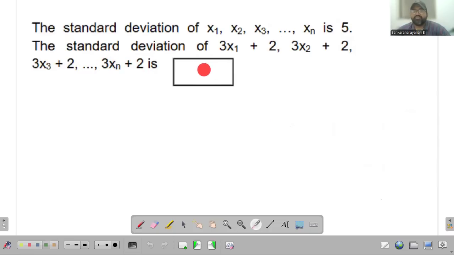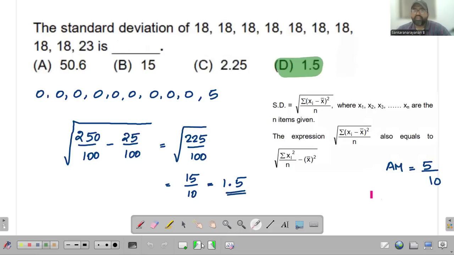How much is that? If you observe carefully in this question, if you add or subtract a constant number from the given set of observations, the standard deviation value is not going to get affected. Did you see that? Here I subtracted 18, right? So finally I had 23 minus 18, I got it as 5.